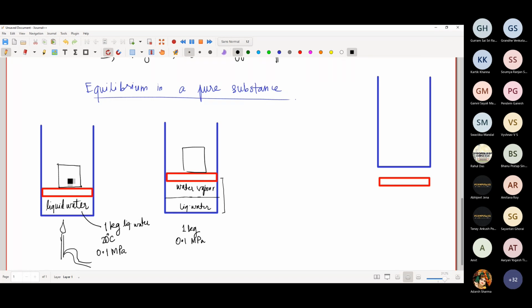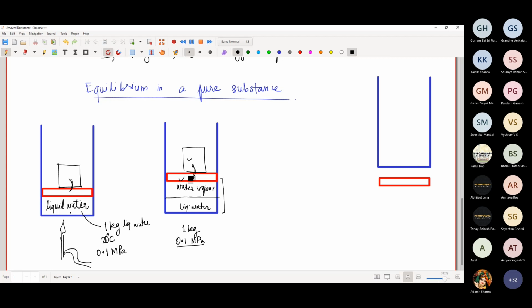As such, this loading has not changed, and so under equilibrium, why did we conclude it's going to be the same? Because this heating is slow, and we recall that everything is in quasi-equilibrium. So whatever external thing is, internally also it has to be maintained. So externally, if this much force is acting, this plus this, internally also the pressure has to be that much. Otherwise, if these two pressures were not equal, then there would be free movement in either direction.